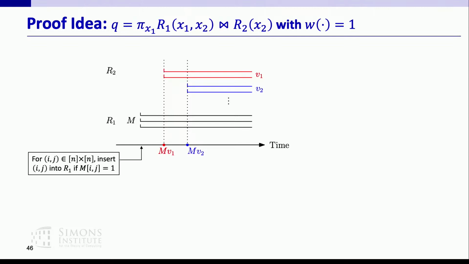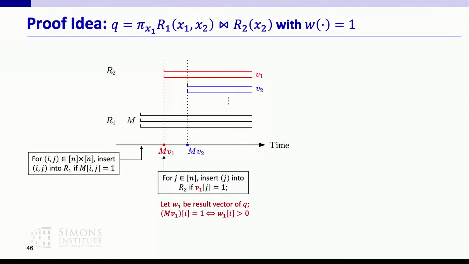So how do we use the aggregation to simulate the deletion? Here we still want to simulate the OMv conjecture. We use R1 to encode the matrix, and we also use R2 to encode the vectors here. We let W be the result vector for this query, and we know (M v1)_i is 1 if W_i is greater than 0.